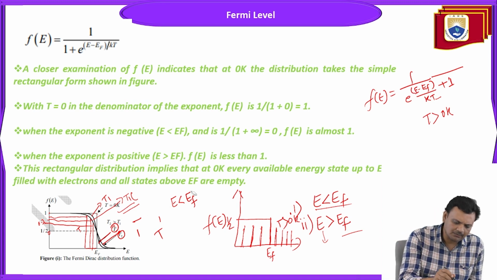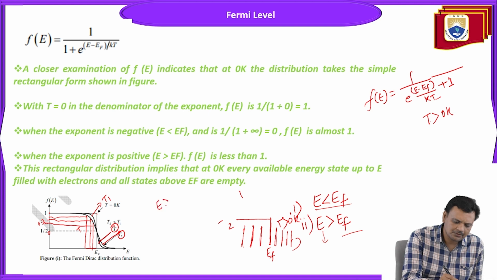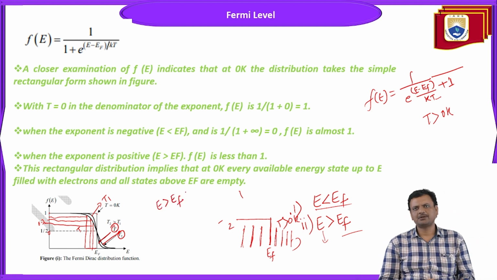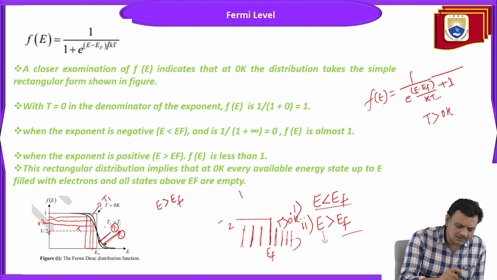Now what happens for the case E is equal to EF? What happens for those energy levels which have a value greater than the Fermi energy? These levels will come in this region.